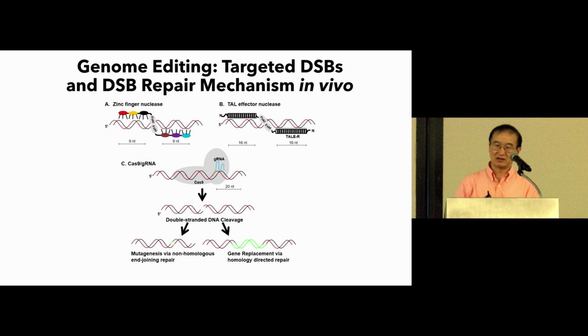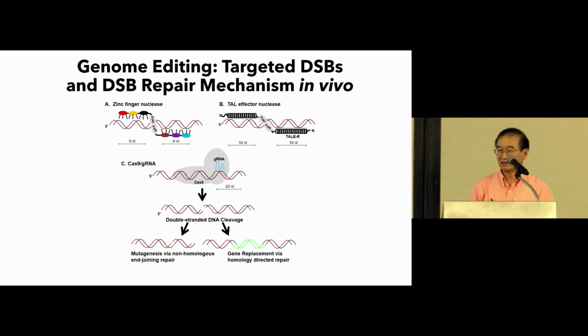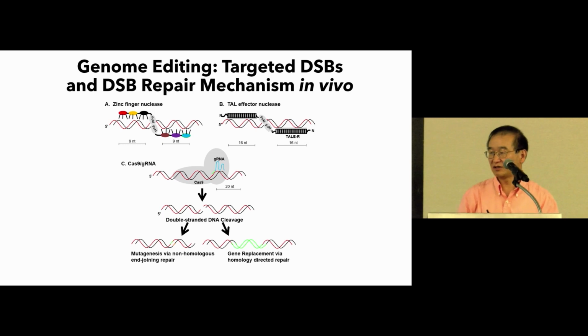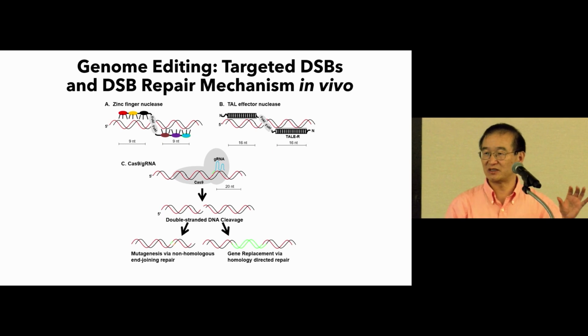As all of you know, I don't want to spend too much time on genome editing. This is the early stage of genome editing, focused on the double-strand break and its repair through the intrinsic cellular repair mechanism. One involves site-specific endonucleases, which involve site-specific recognition and double-strand breakage.